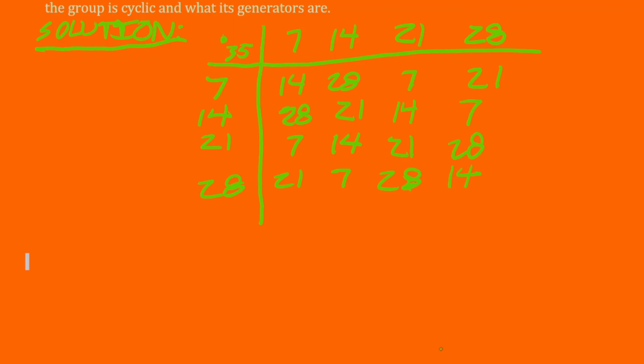So to be a group, we need to check the properties of a group. So it needs to be associative, and just by nature, we're doing a multiplication group operation, and that is associative.